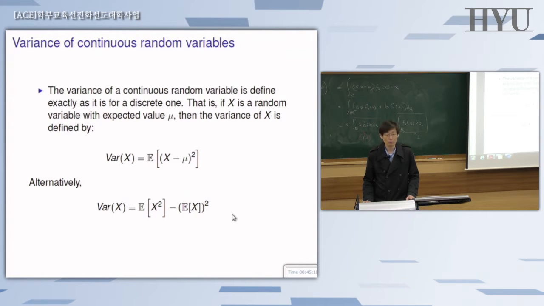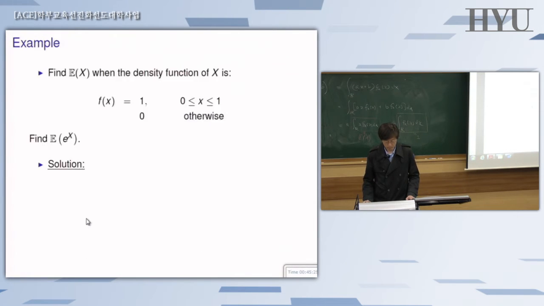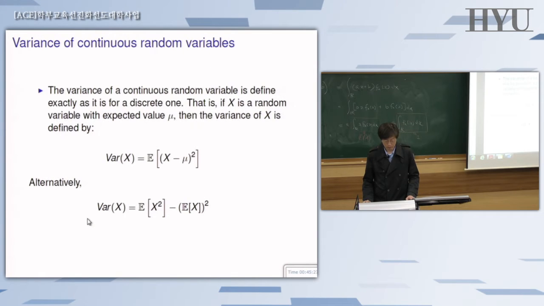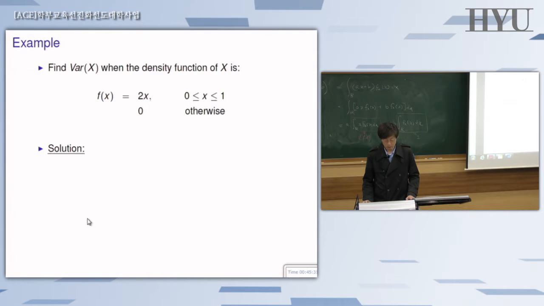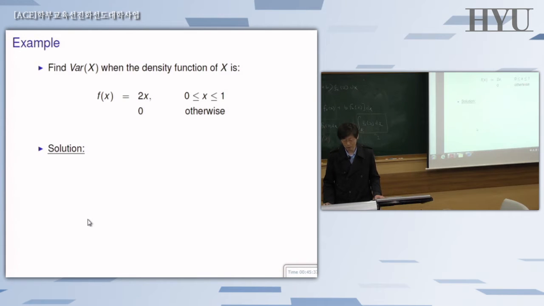Given these two definitions and the useful representation, we go for this first example of variance. PDF of x, continuous x is known to be twice x between 0 and 1 and 0 outside. Then the question is asking you to compute what is the variance of x.